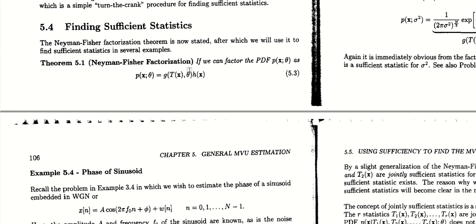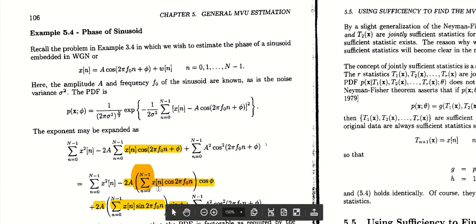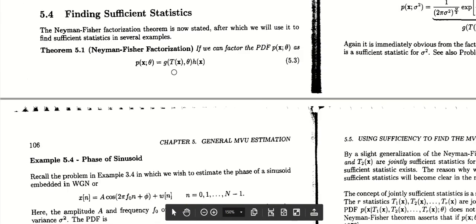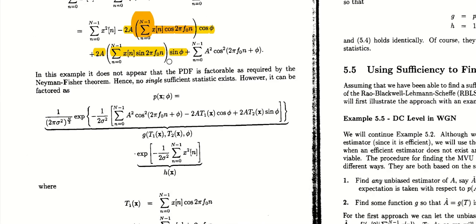You cannot have theta mix with theta individually. Now you have cosine phi, it mixes with this x through this, and then it mixes with x through this sine. So it doesn't seem like we have this form fitting into this, right? So we have a little bit of trouble here.